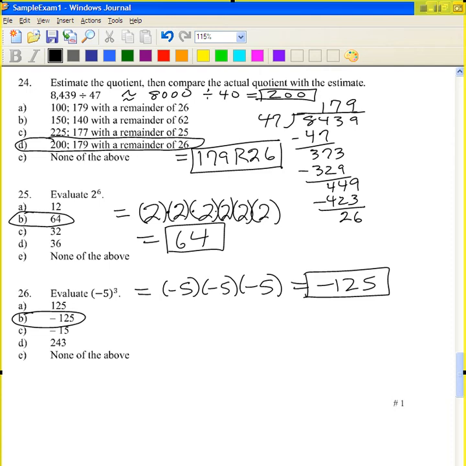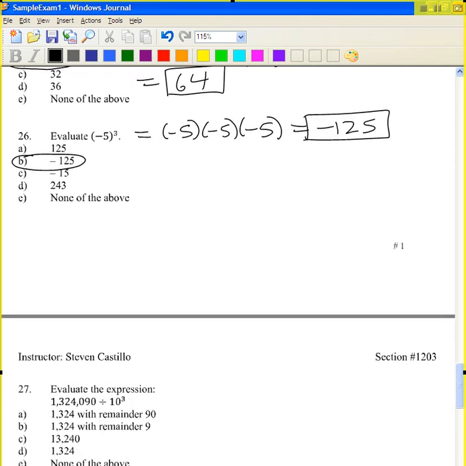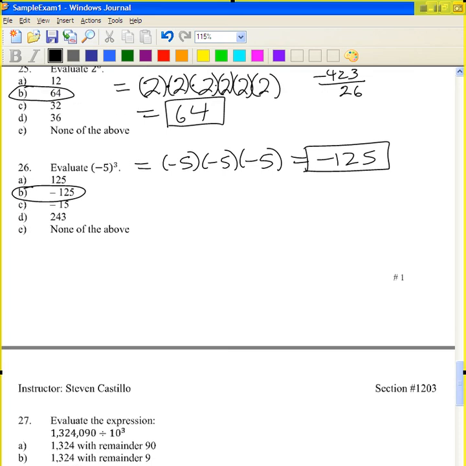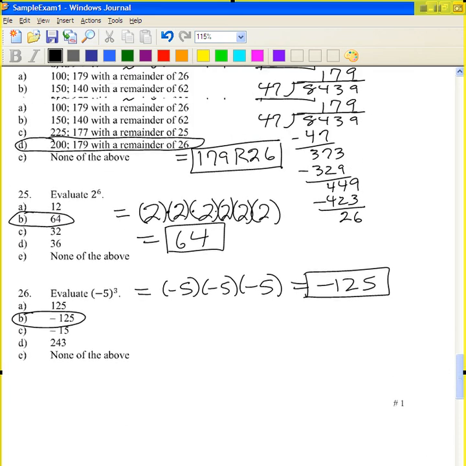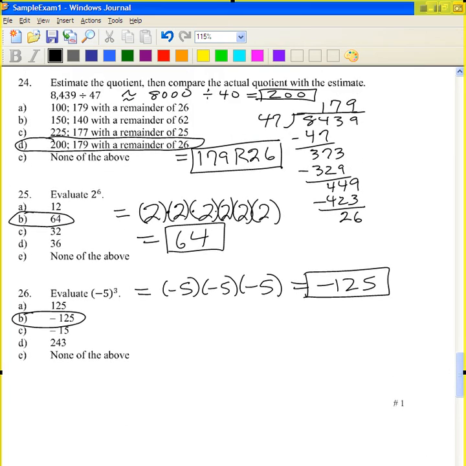Let me do problem number 27. Evaluate 1,329,090 divided by 10 cubed. Well, I have a 10 cubed, so I'm doing division by powers of 10.